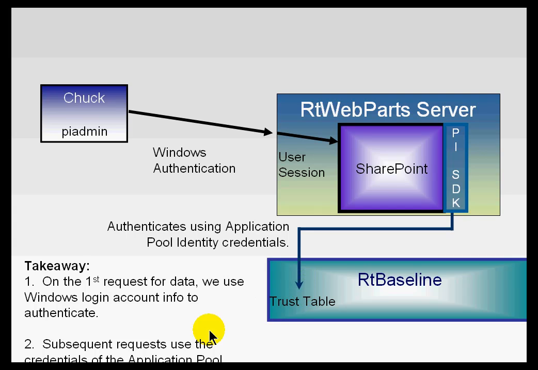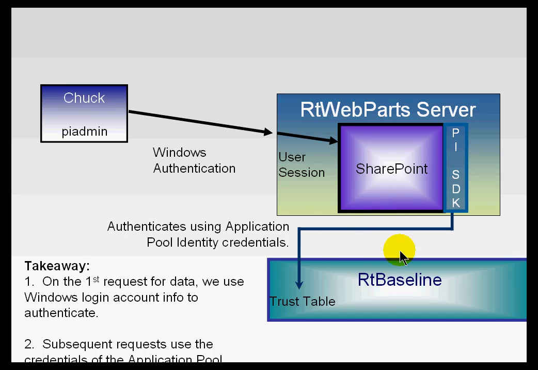Now, just a footnote here: the reason we needed to create that first trust for the application pool identity is that all of the subsequent requests for data use the credentials of the application pool. So that application pool needs read access to all the tags.